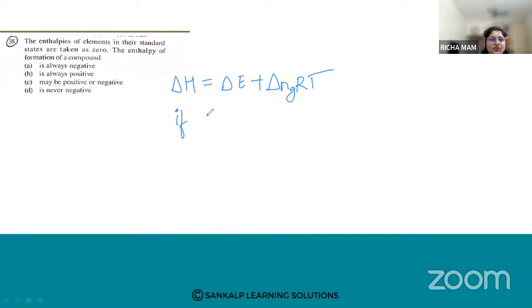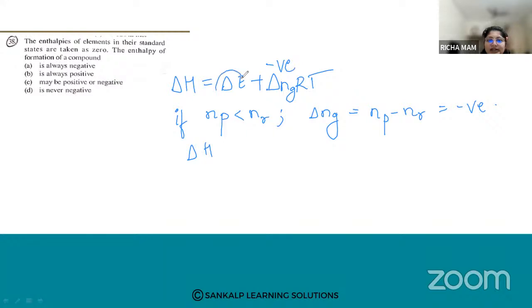If the number of moles of the product is less than the number of moles of the reactant, then delta Ng, the number of moles of gas in products minus reactants, should be negative. So delta H should be less than delta E. So it is never negative.